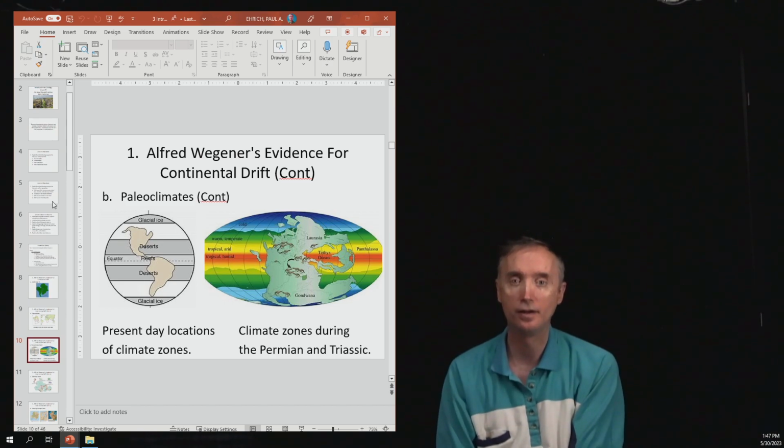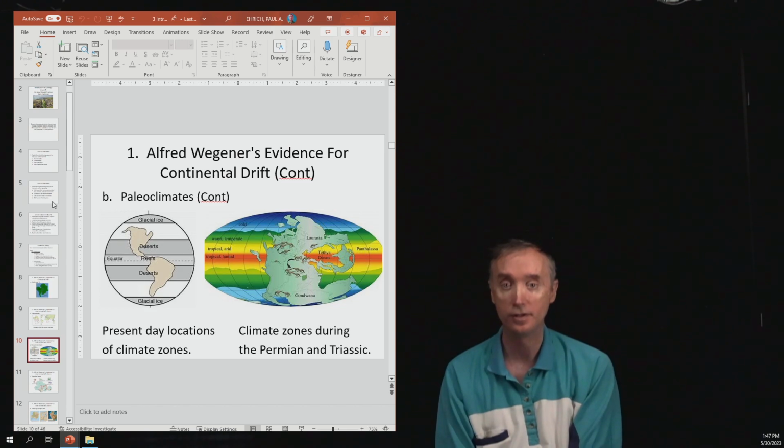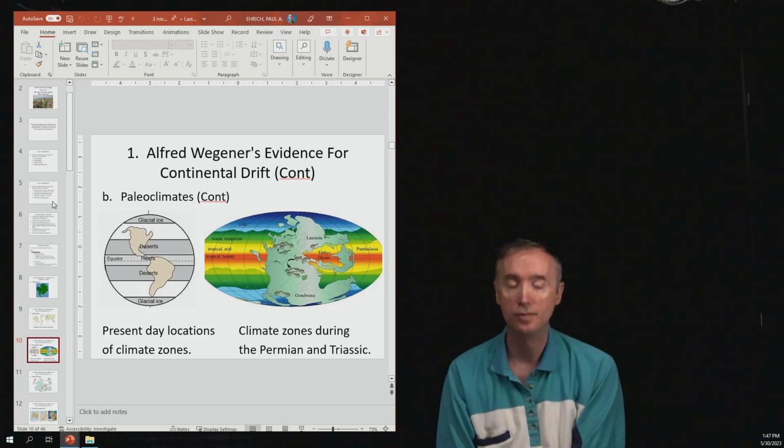Okay, another line of evidence that shows that the plates have moved around is that some continents that today are frozen, like Antarctica, have fossil plants that are from the tropics.